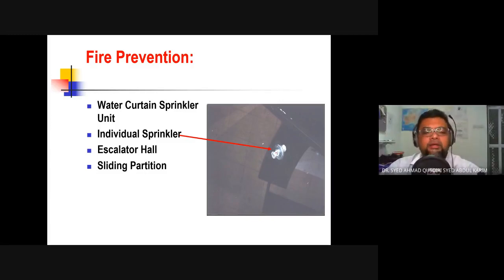We also have a sliding partition, not only for fire safety but also for the safety of the users. We don't want them to fall over the sides of the escalators and hurt themselves, so we might want to install a partition, usually at the sides of the escalator.